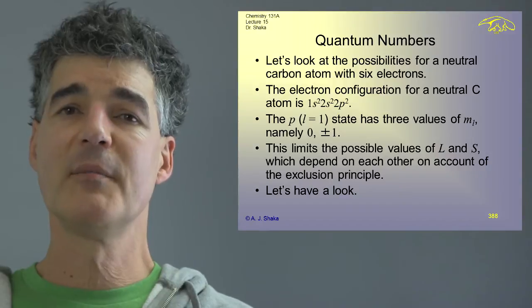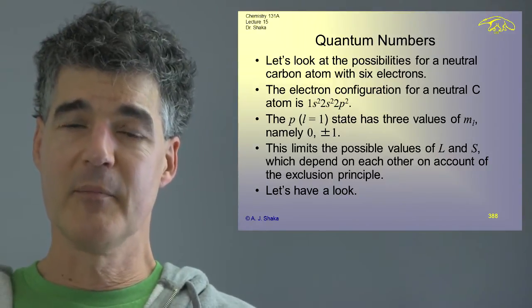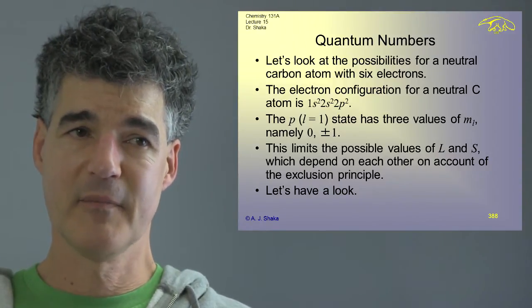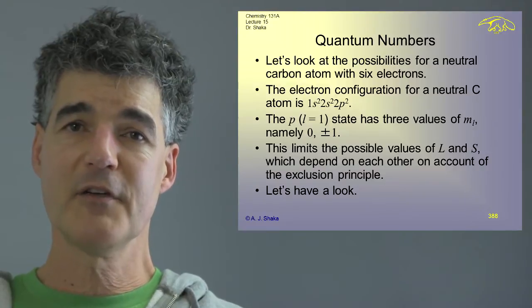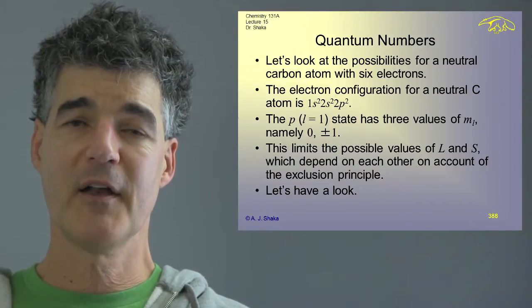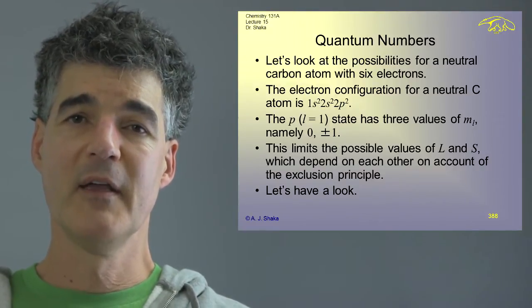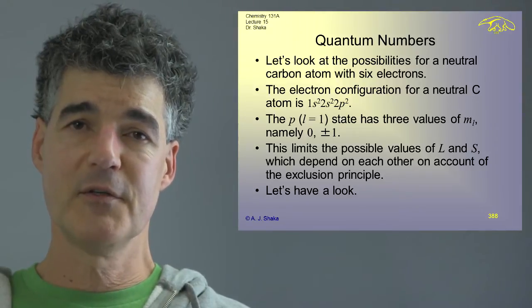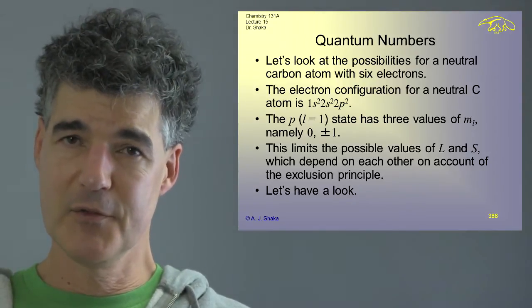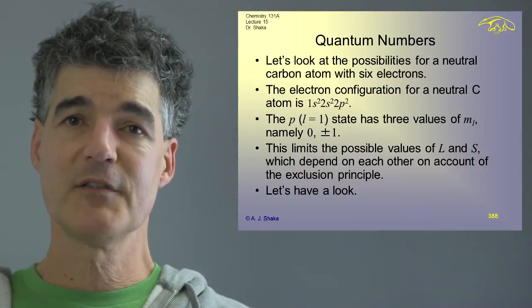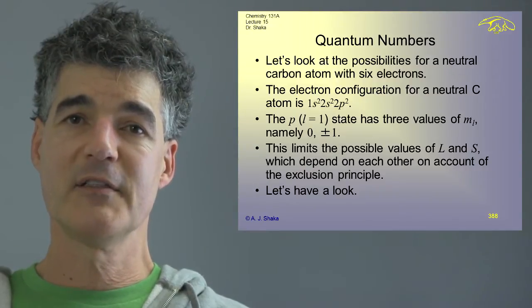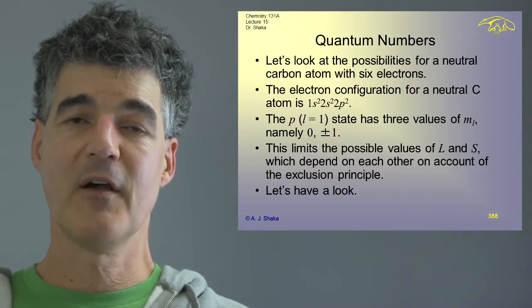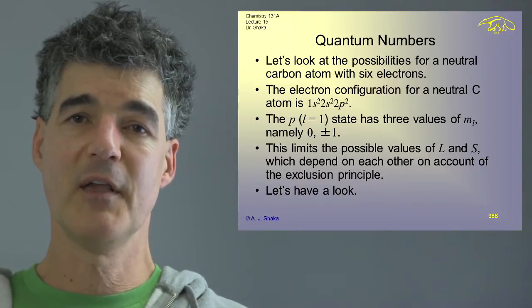Let's look at the possibilities for a neutral carbon atom with 6 electrons. The configuration from the periodic table for a carbon atom is 1s2, 2s2, 2p2, and that means that there's 2 electrons in the p shell that can occupy any of the 3 p orbitals.